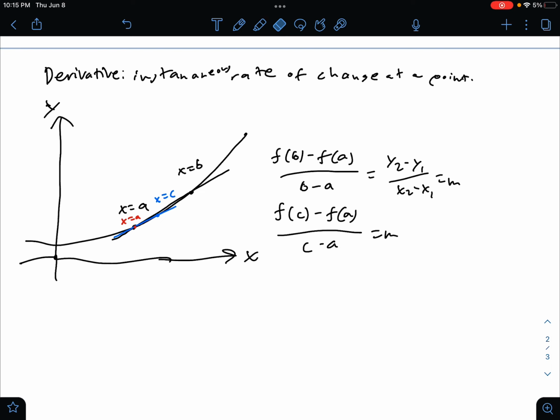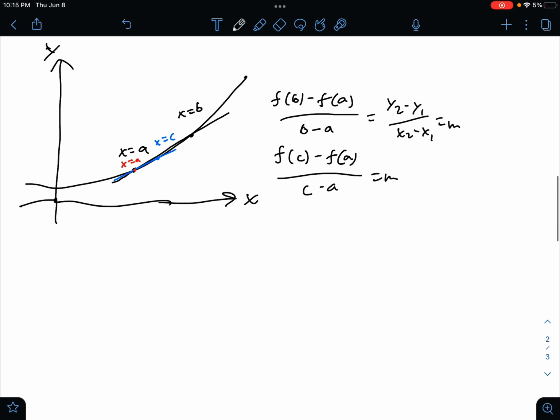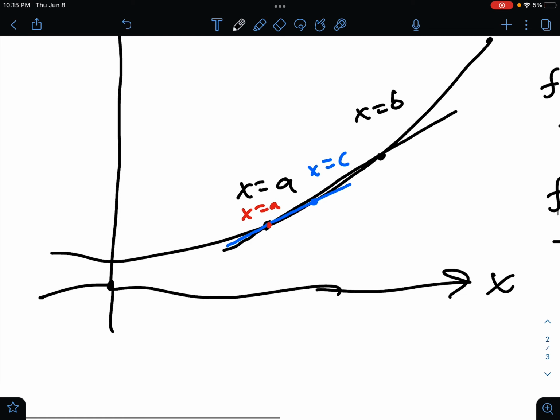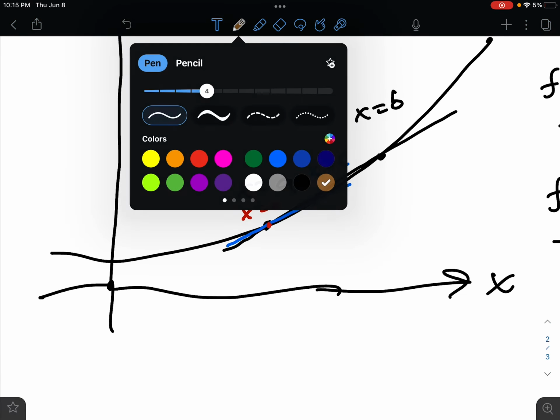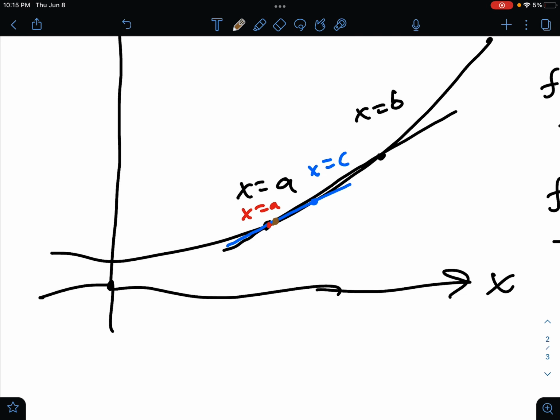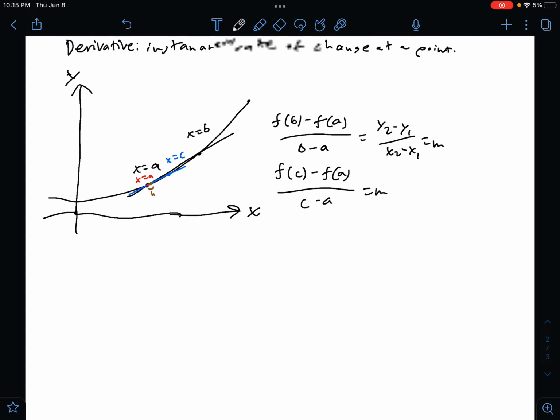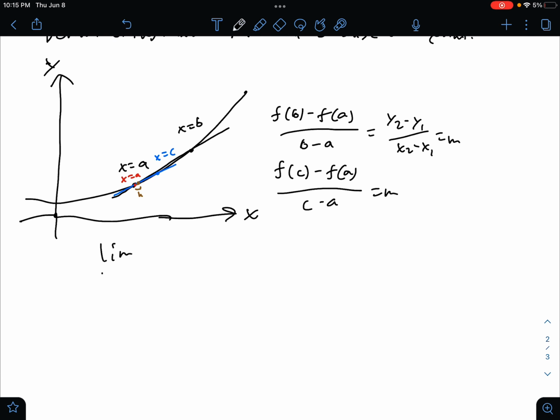But what we can do is set up a limit. So let's say the distance between an arbitrary point very close to x equals a, say here, and a is h. Now what we can do is say limit of h approaching 0, that's the distance between that brown point and a.